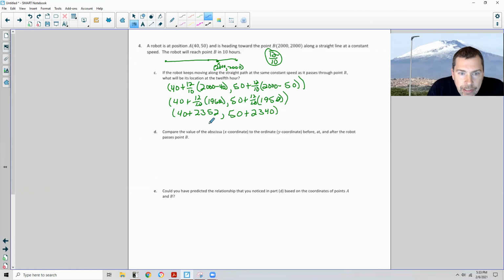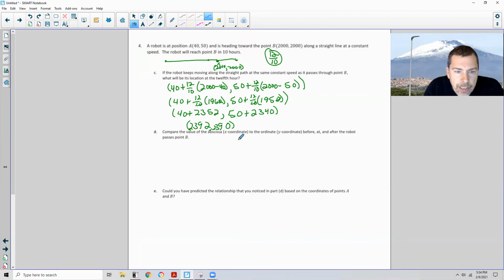So when I add these, I'm going to get a 2 here. 5 and 4 is 9, 3, 2, and then 0 plus 0 is 0. 4 plus 5 is 9, 3, 2. So the answer is 2,392, 2,390.